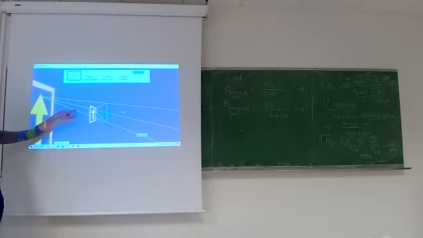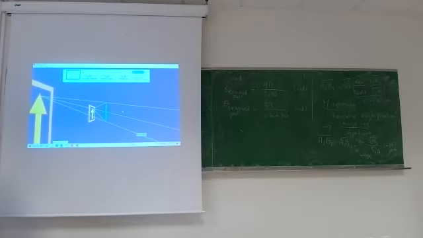From that, I want to define the angular magnification. Usually, we define the angular magnification for an optical system. For a lens, it's a characteristic of the lens. It does not depend on where I put my image.